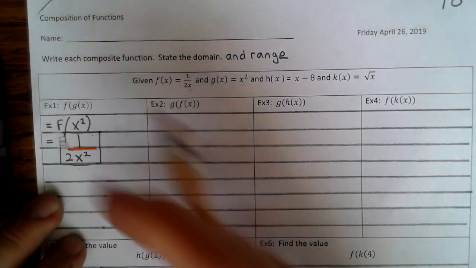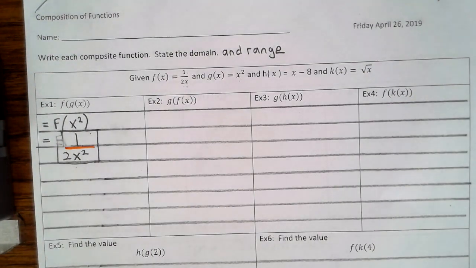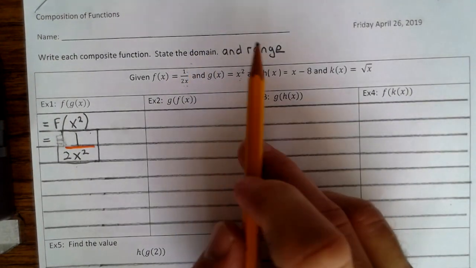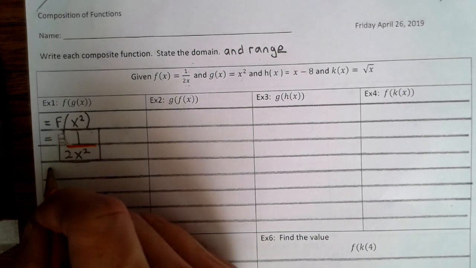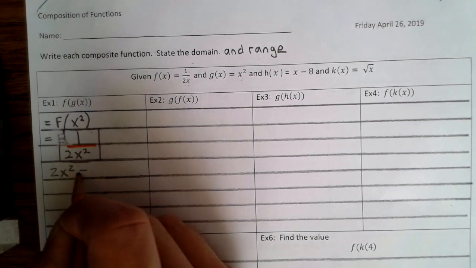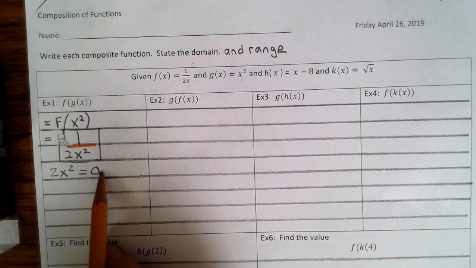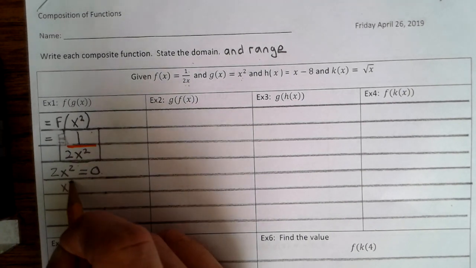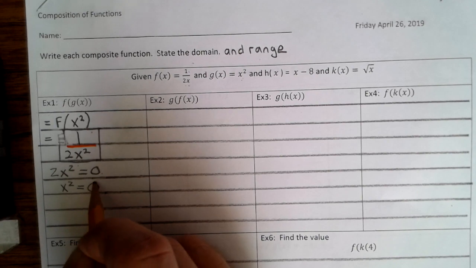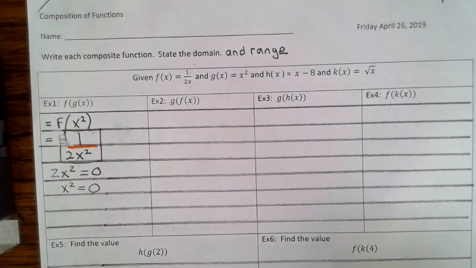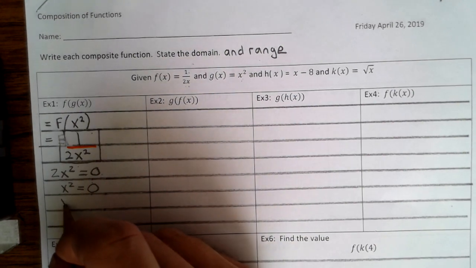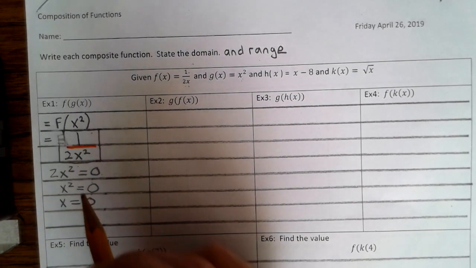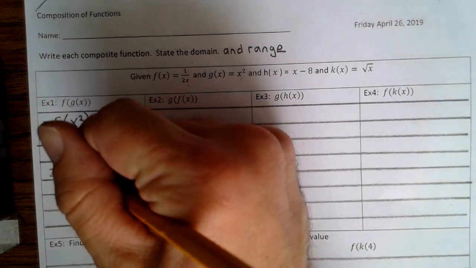Okay. Now, at this point, we need to do the domain and range. Well, here we know that you can't have a number divided by 0. So what we need to do is set 2x squared equal to 0. Well, we divide by 2. So x squared equals 0. Take the square root of both sides. x equals 0, or I should say, does not equal 0.